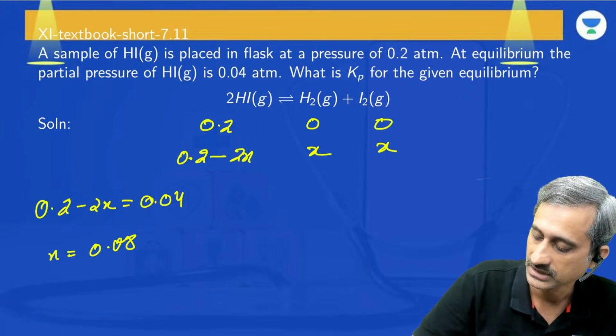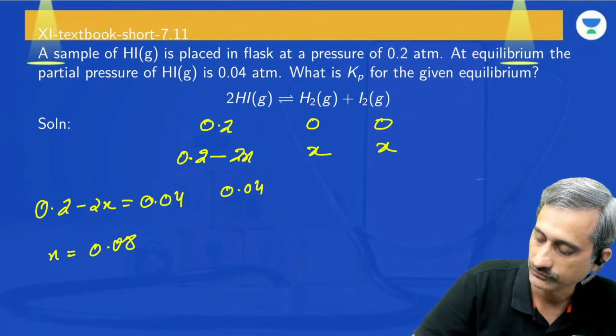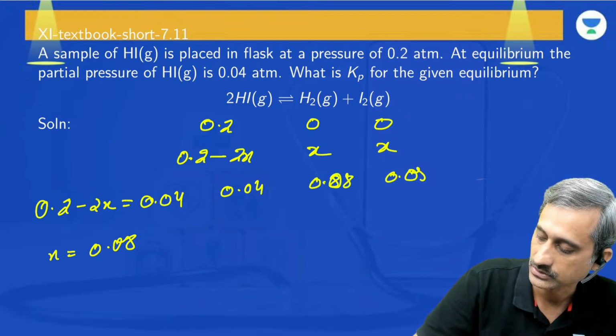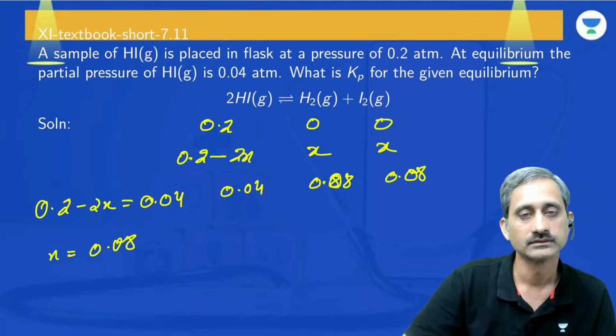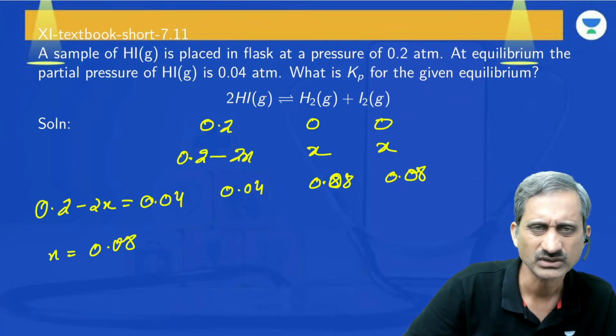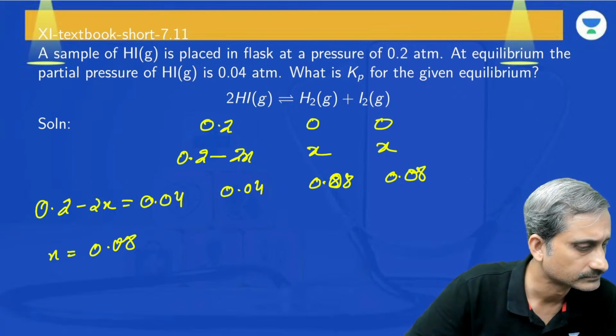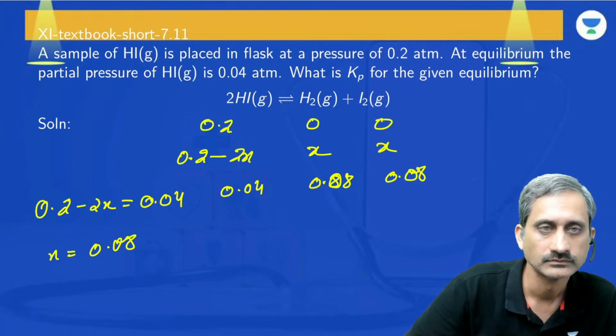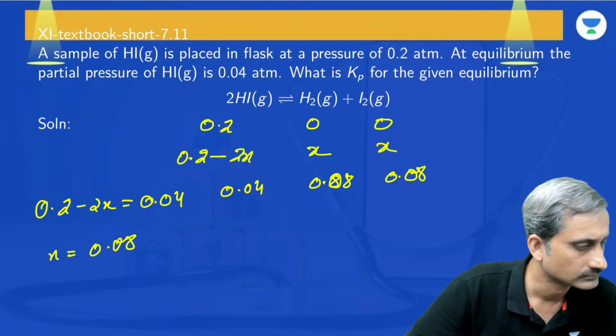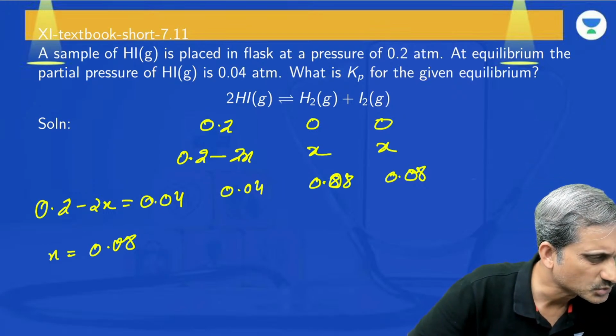So here it is 0.04, this is 0.08, this is 0.08. I think we can find out Kp. For this particular reaction, Kp and Kc are going to be the same. Why are you writing 2 into 10 raised to the power 10?